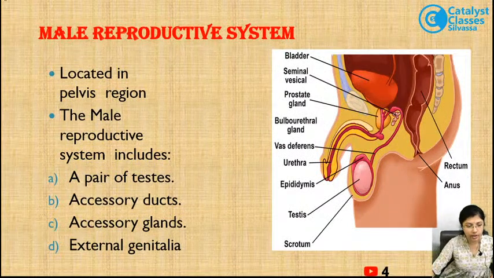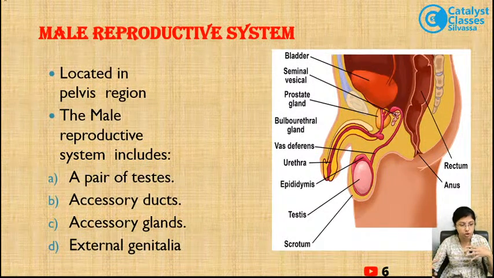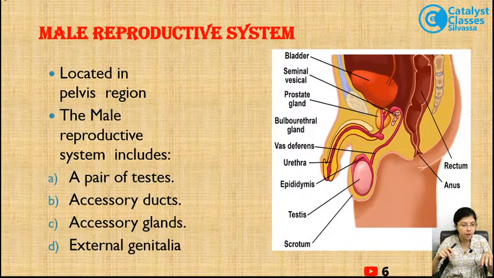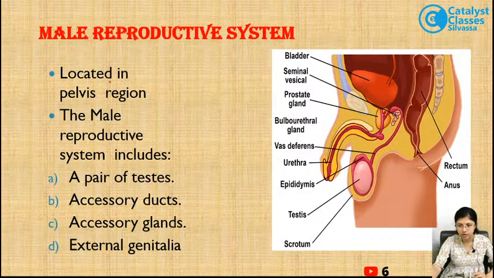So to start with, before learning gametogenesis, we are first going to discuss the reproductive parts of the male and female. Okay, we will first see what are the different parts of the male and female reproductive system.